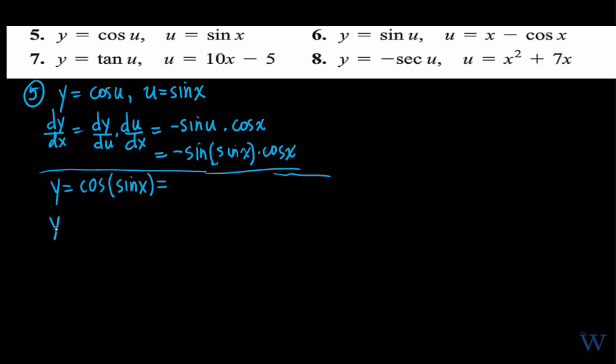So if we want to take the derivative of y with respect to x, take the derivative of the outside. The outside function is cosine of something. So what's the derivative of cosine? Minus sine of that something. Okay, and then we multiply by the derivative of whatever is that something, which is cosine of x. And see how you arrive at the same answer.